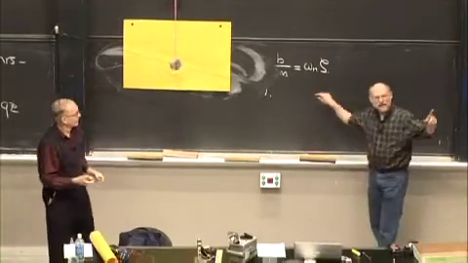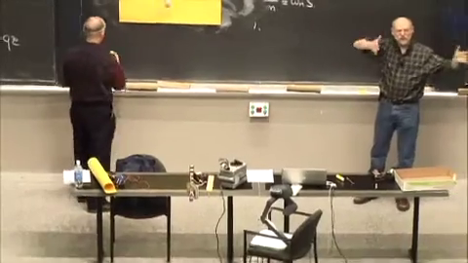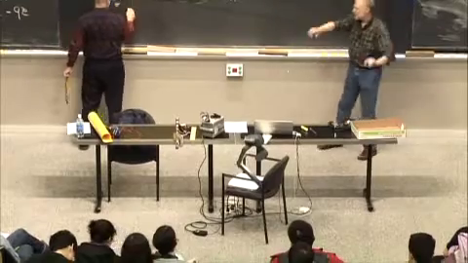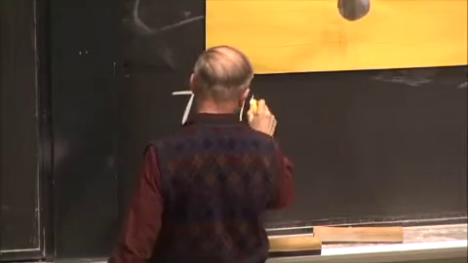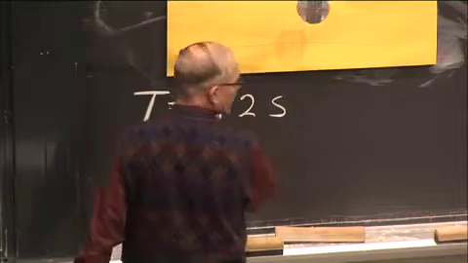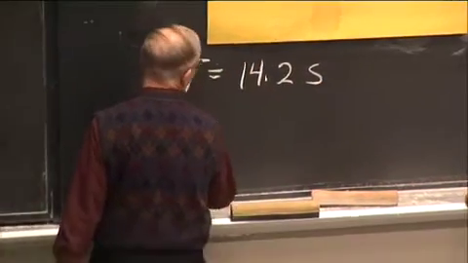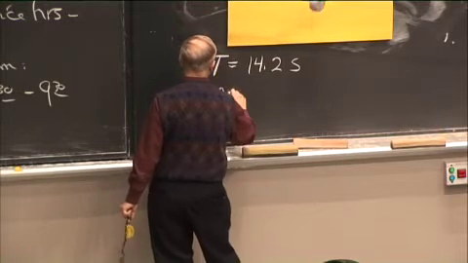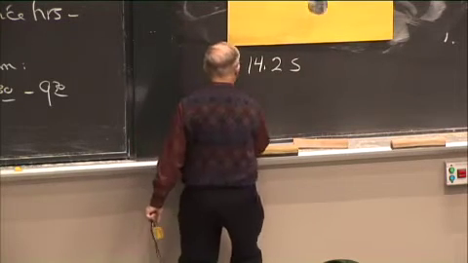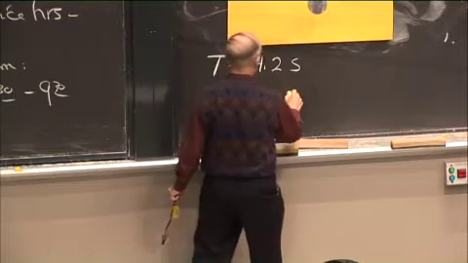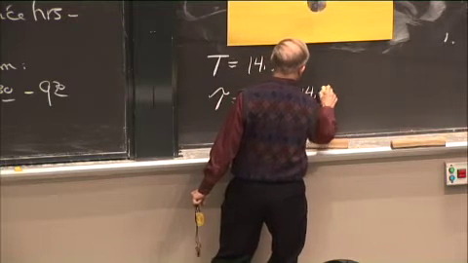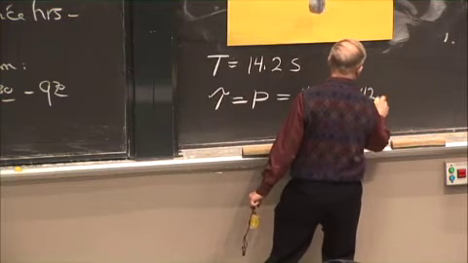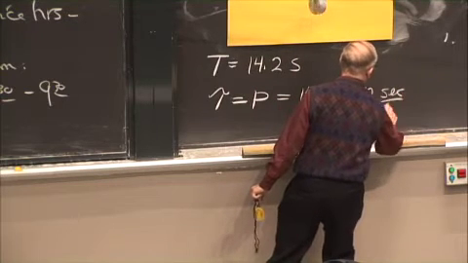Is the period the same as it goes along, or does it slow down? It's always the same. 14.2 seconds was the length of time for 10 of them. So the period, which I write tau, and I think Professor Miller writes p, is 14.2 divided by 10, or 1.42 seconds per cycle.